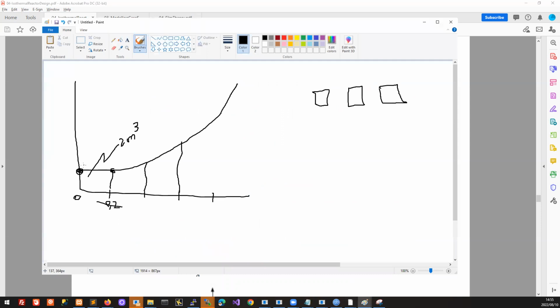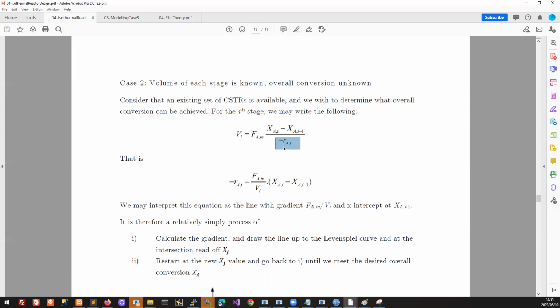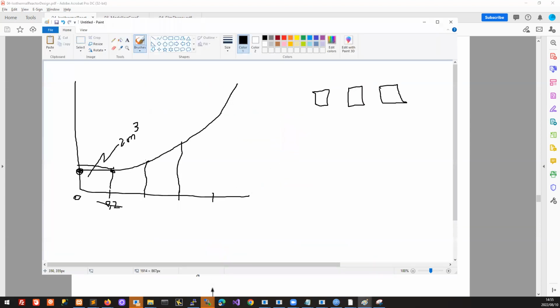So now we've got a slightly different reaction rate over here. So that's RA in reactor 2. Everything is defined. We stuck to our 2 cubic meters from the reactor shop. We've got this and this, and then we can work out XA2. So that defines the next point. And we just keep going like that.